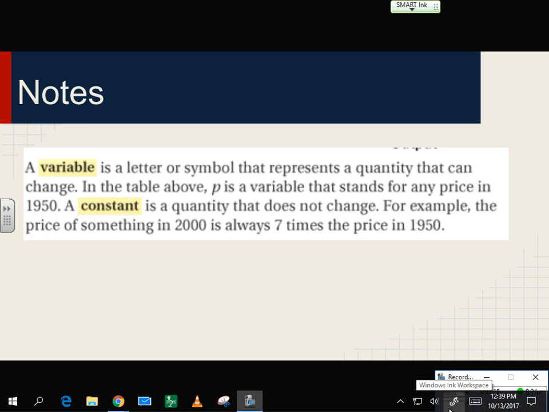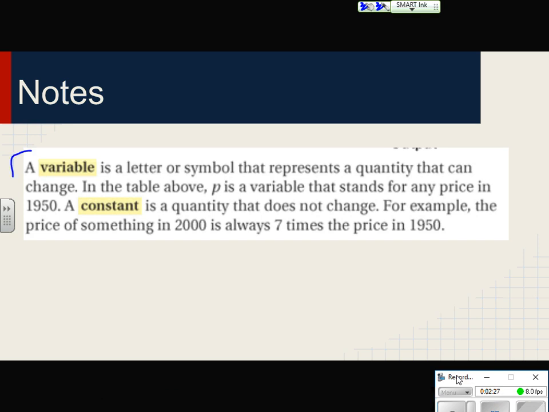Here are a couple of vocabulary words I'm going to want you to make sure you copy down in your notebook. One thing we've talked about already, and you've probably seen on Compass and all these other things, is this word variable. All that means is you're using a letter or some sort of symbol to show that any number can be put into that spot, depending on what you have. Everything else in your expression is called a constant. Again, if I'm putting brackets around it, write them down.